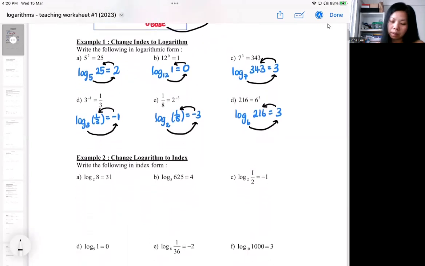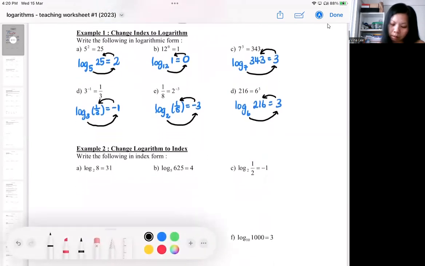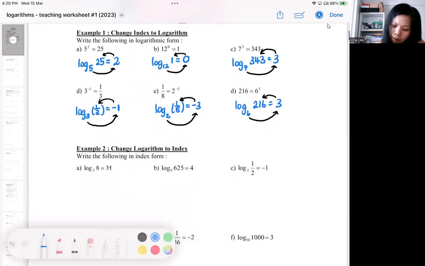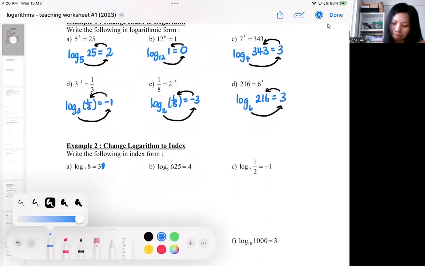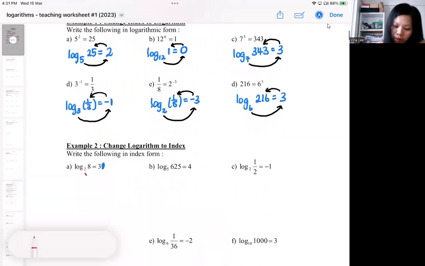Because I got this method, okay, sorry, there's a typo here. Because of this method, if I need to change the log back to indices, it's actually very easy.